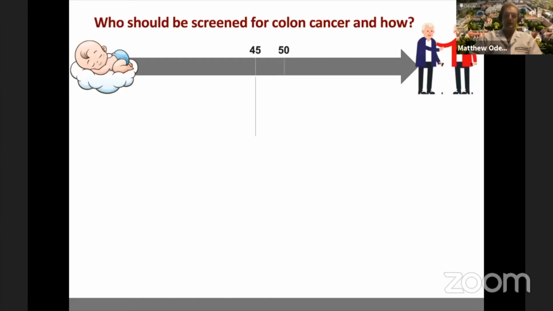The current United States Preventive Services Task Force guidelines recommend starting at age 50. However, this is in contrast to the American Cancer Society guidelines, which recognize that there's now a rising incidence of colon cancer in younger patients, and have recommended bumping that down to 45 years old.